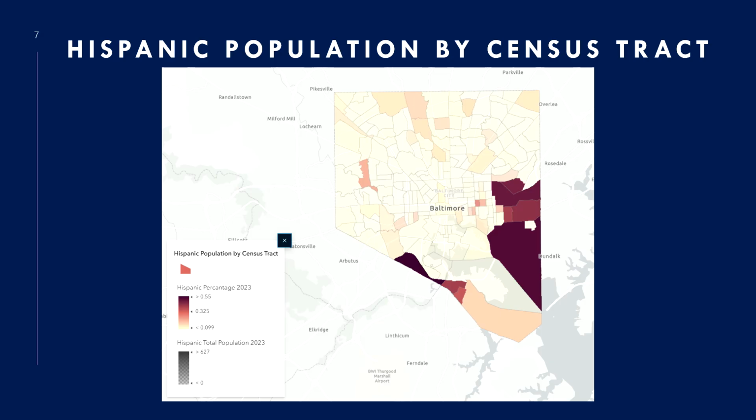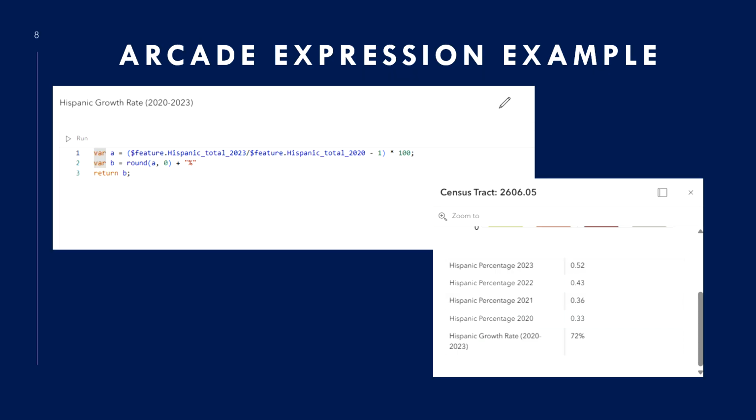So I created a map using the census tract Hispanic demographic layer that I created previously, and I customized it based on the percentages of Hispanic residents in 2023, and I varied the transparency based on the overall total Hispanic population in each census tract.